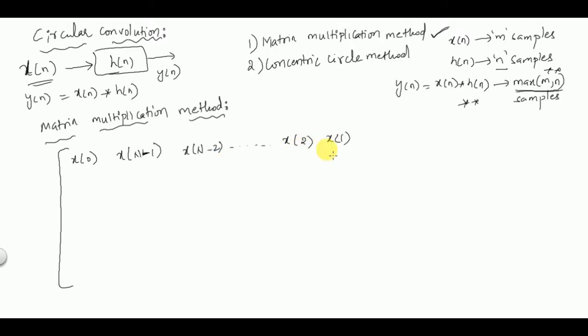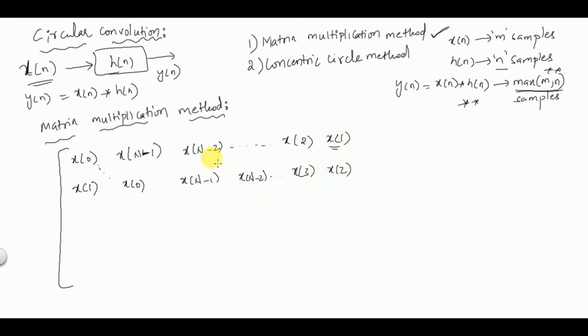After writing this, you shift one bit right. When you shift one bit right, x of 1 will be shifted here, x of 0 will be shifted here, x of n minus 1 shifted one bit right, x of n minus 2 shifted one bit right, and so on. So you will get x of 3 here, and this will be x of 2.